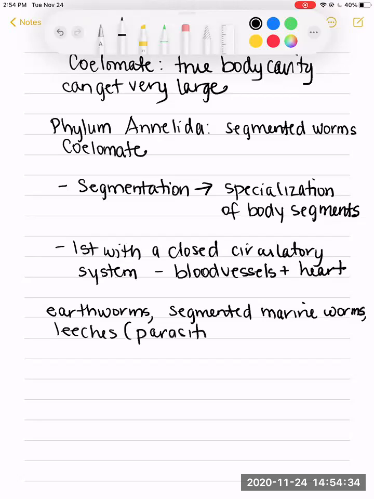In fact, what's interesting about leeches is they're what's called ectoparasites. They live outside the host.